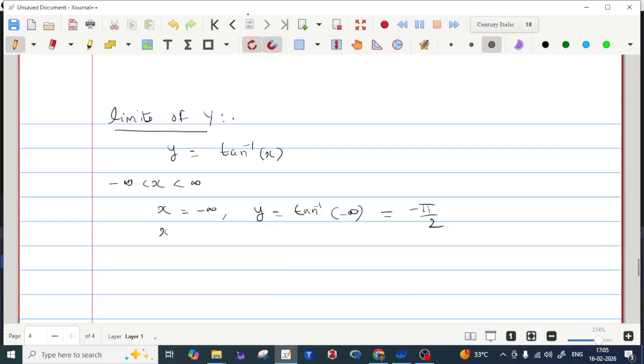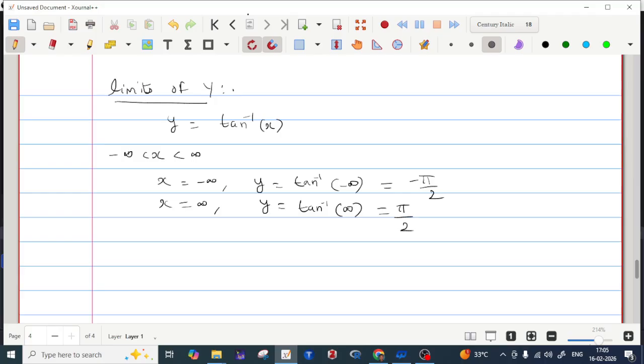If you put x equal to infinity, y is equal to tan inverse of infinity, which is plus pi by 2. So the limits of y are minus pi by 2 less than y less than pi by 2.